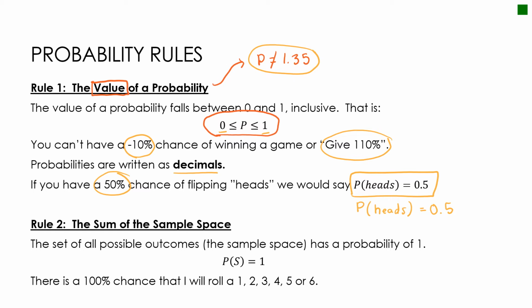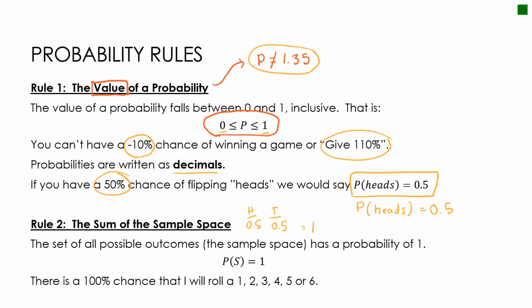The next rule is very similar to rule 1, and that is the sum of the sample space. So we talked about the sample space being all of the outcomes that could occur. So in flipping a coin, I had heads was 50% and tails was 50%, and if I add up heads and tails, I get 1.